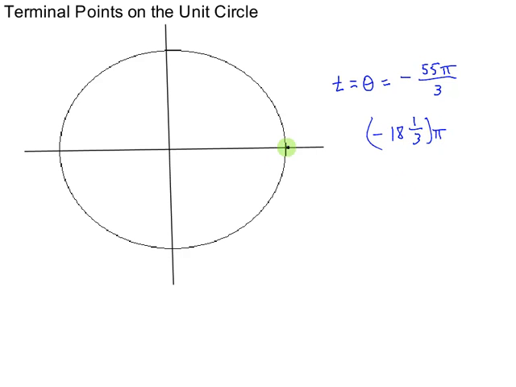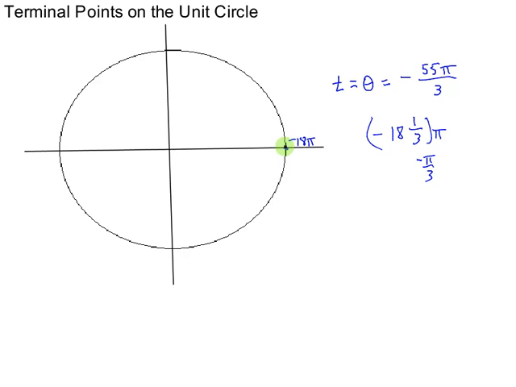Now negative 18 pi rotates this way, and negative 2 pi puts you back here. So negative 18 pi is exactly 9 revolutions and lands you right back where you started. So from here I just need to go another negative 1/3 pi, or pi over 3. So I'm just looking at negative pi over 3 from here.